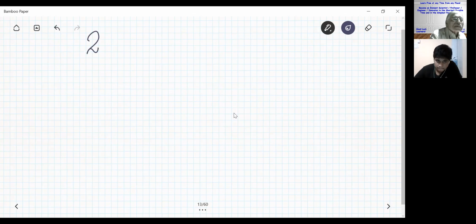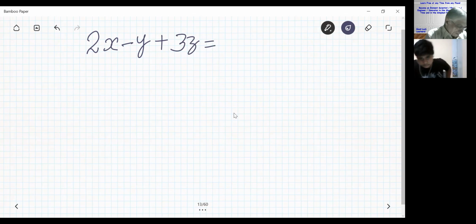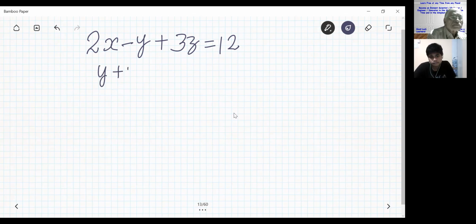So the given equations are 2x minus y plus 3z is equal to 12. Next, y plus 2x minus z is equal to 2.